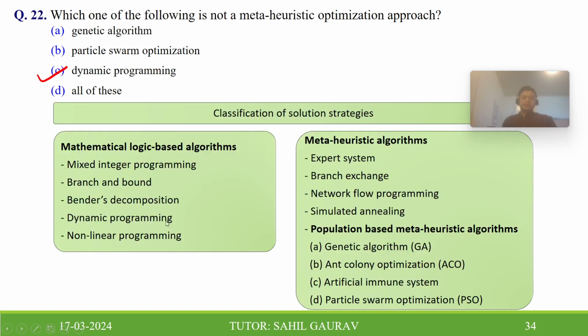You can refer to this classification of solution strategies: dynamic programming comes under mathematical logic based algorithms. Genetic algorithm and particle swarm optimization come under population-based meta-heuristic algorithms.